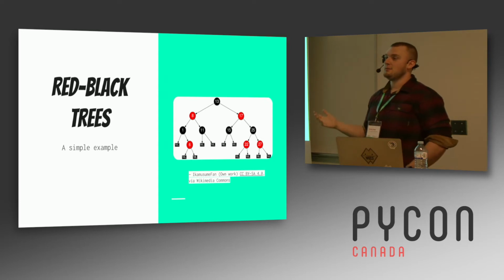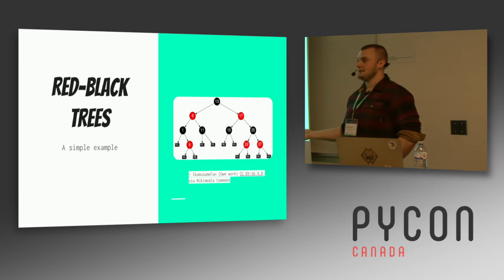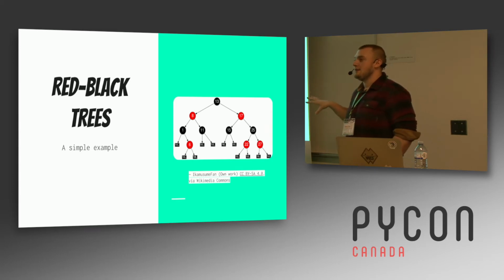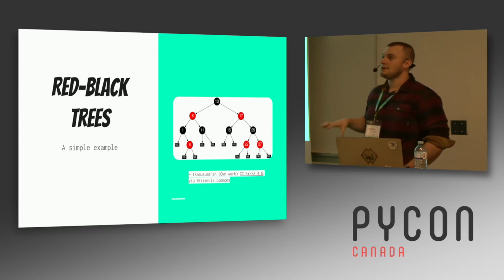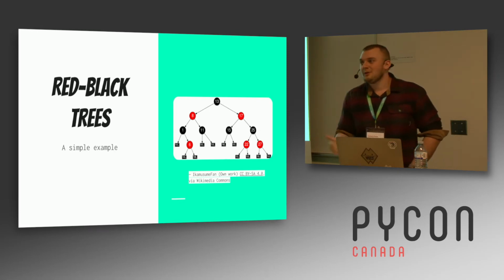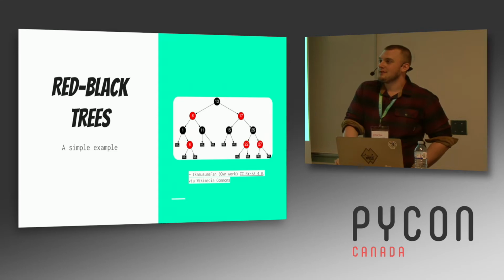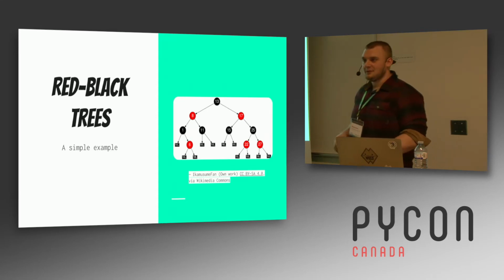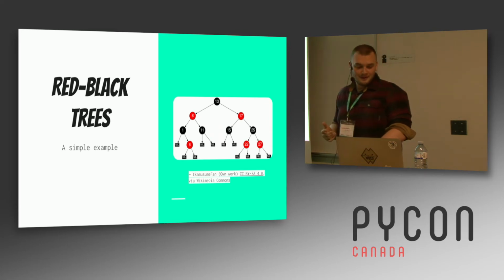So for example, if you have a set, you might want to know what the minimum element in the set is, or you might want to walk through the items in order, 1, 2, 3, 4, 5. Red-black trees are going to allow you to have relatively fast logarithmic time insertions and lookups, while also allowing in-order traversal and fast minimums and maximums. So also it's a simple enough example for this talk. There's a lot of well-tested implementations out there. So it was kind of a convenient choice.